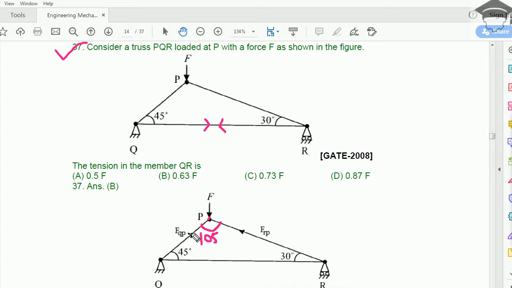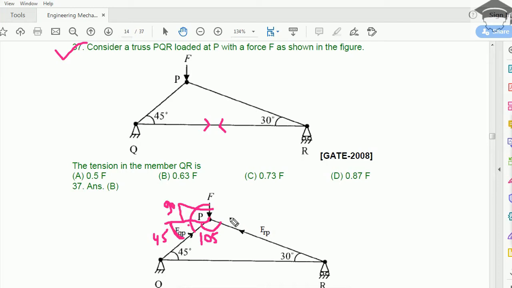This angle will be 90 plus 45. This is 90, and this angle is an alternate angle, so this is also 45. So 45 plus 90 will be 135. So FRP upon sine 135 is equal to FQP upon sine of this angle.